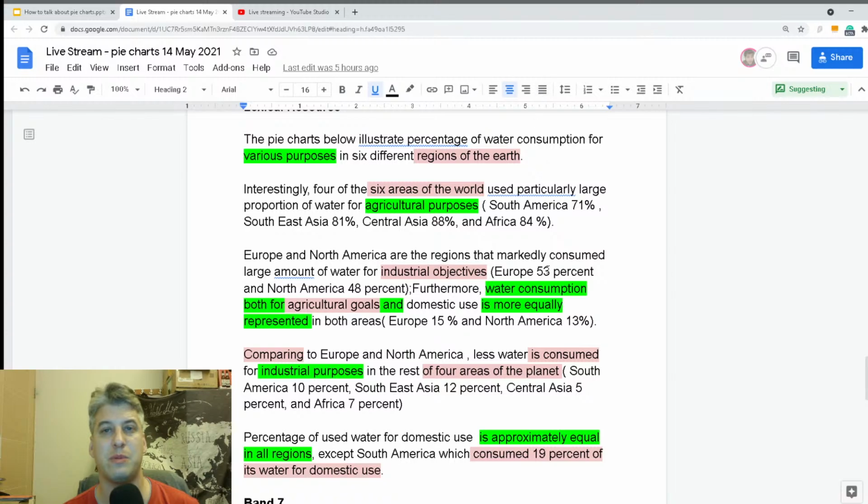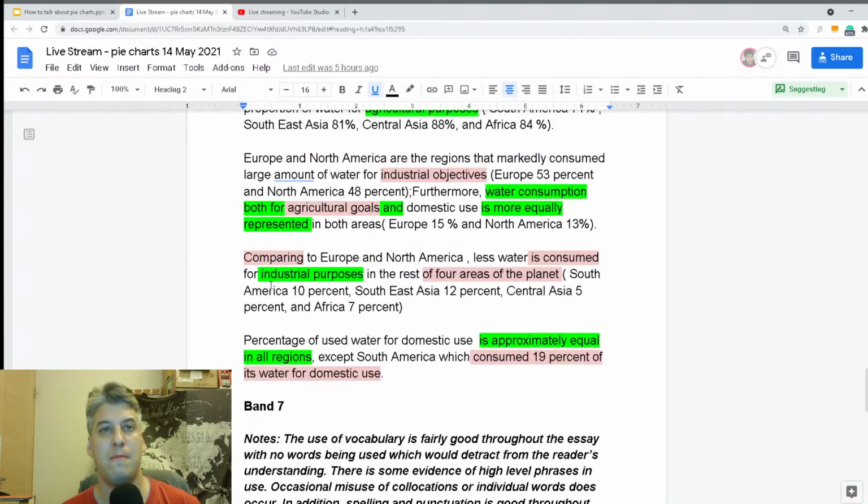He's used this a few times before, but it is a good phrase, and the writer's using it in exactly the right way throughout. Another great little phrase structure he used was water consumption both for and. This is a great little phrase to use, and it really does push the score up, I think. Again, agricultural goals, industrial objectives is not quite the right phrase. Uses, purposes, these kinds of phrases would work better.